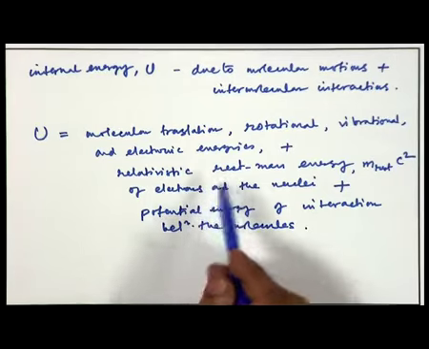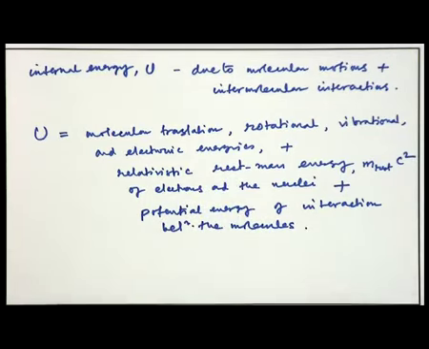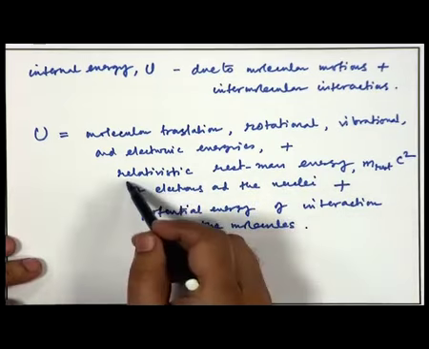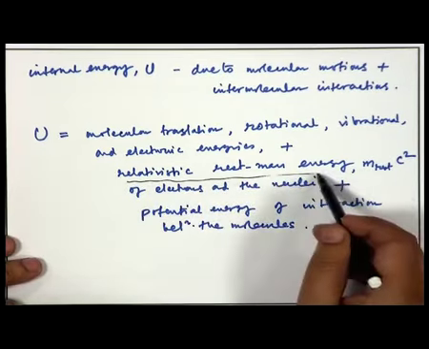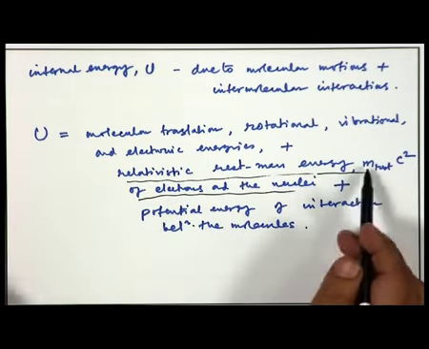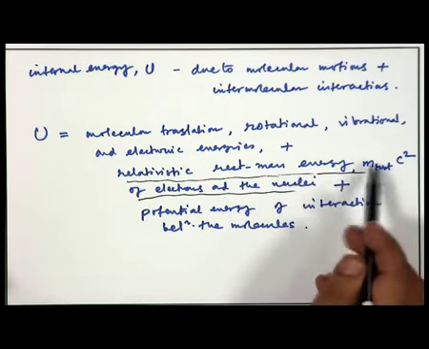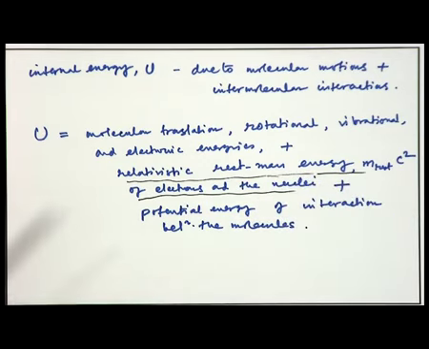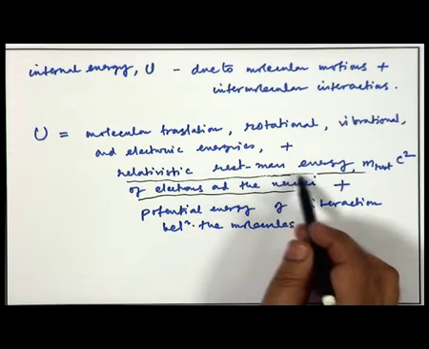Now, the molecules can have a lot of different types of energy, and especially for gas and liquid we can distinguish them in terms of molecular translational energy, rotational energy, vibrational energy, electronic energy, and we also have the relativistic rest mass energy, which is m rest c square, which is basically the mass. M rest is the mass of the electrons and nucleus at rest, which is not possible to get.